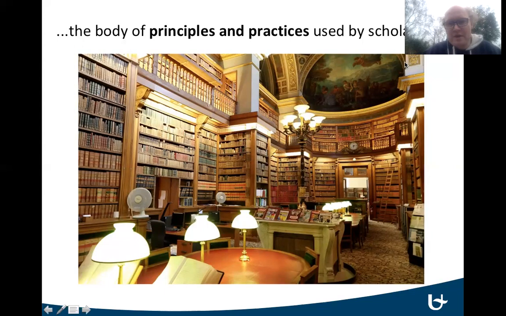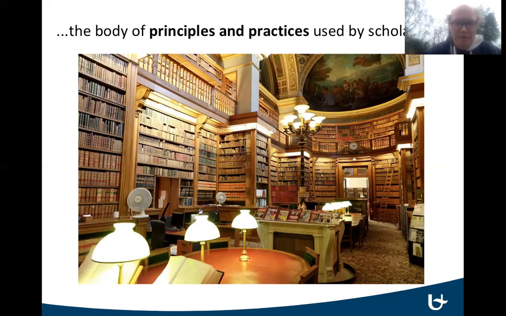The body of principles and practices used by scholars. That's where the scholarly process starts. That's what I was referring to when I was talking about standing on the shoulders of giants. And this is where we can find it.